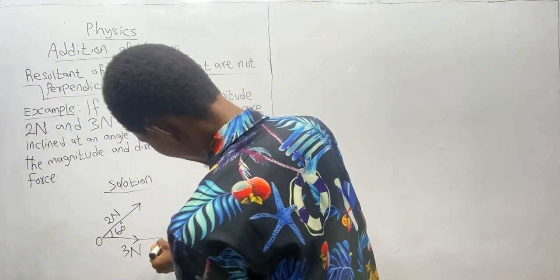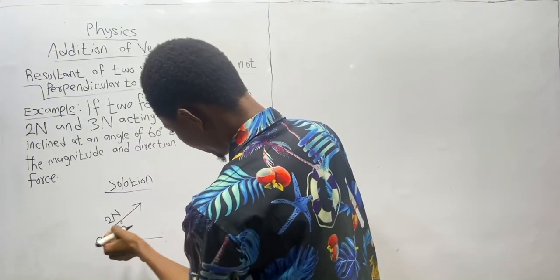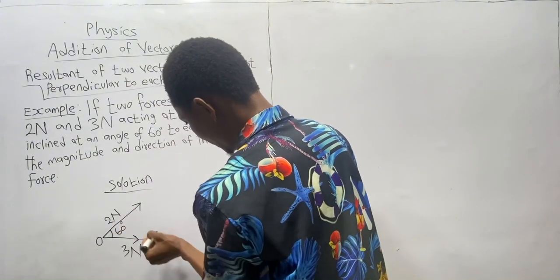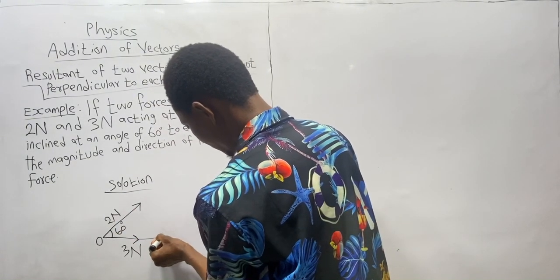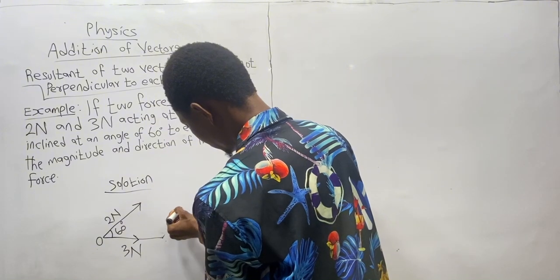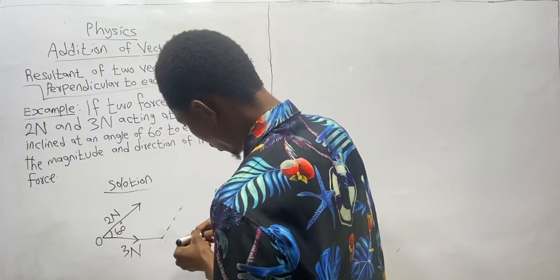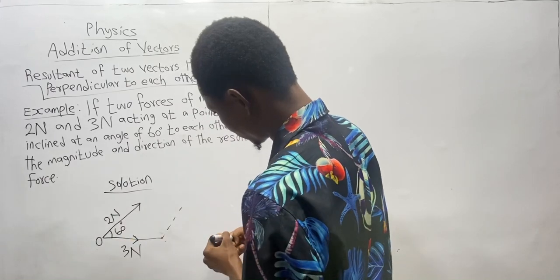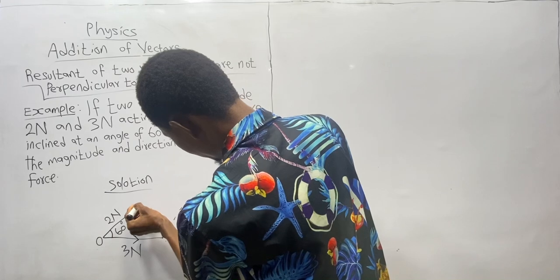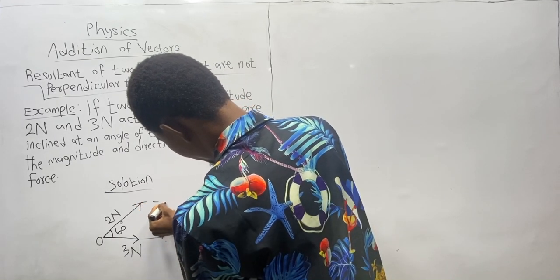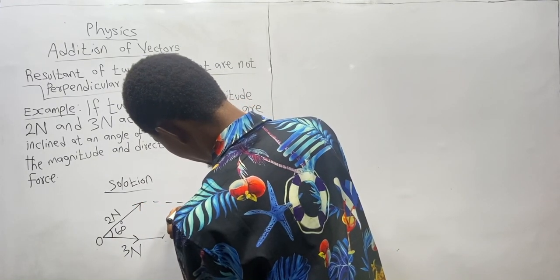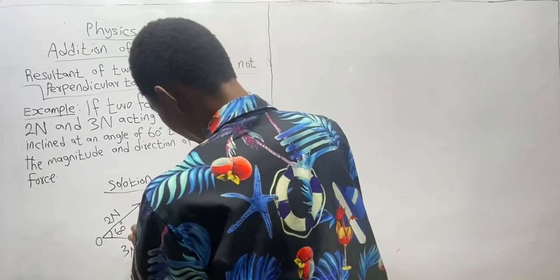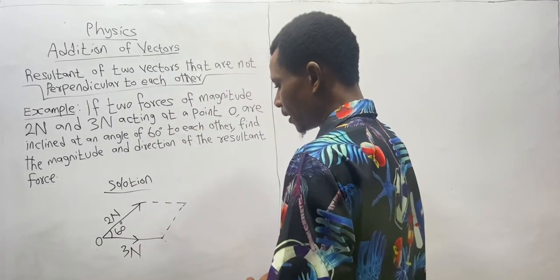We'll draw a line that is parallel to this line. So this one is a slant line, so this one will also be a slant line. Then we also draw a line like this parallel to this line. So we'll draw something like this. So we have formed our parallelogram.